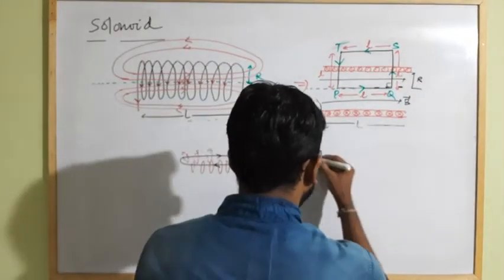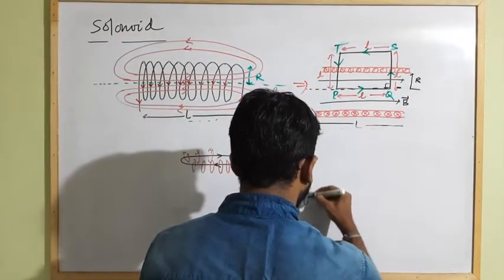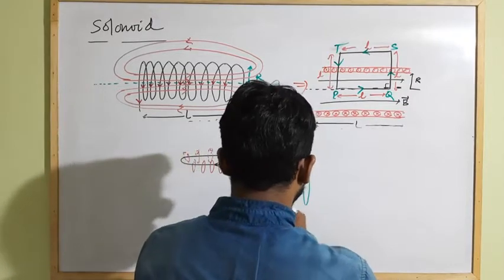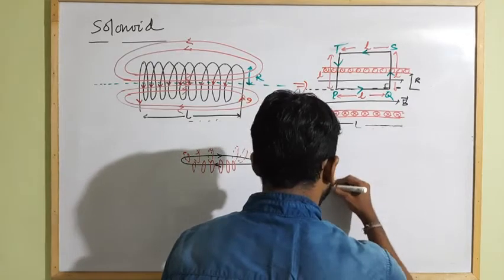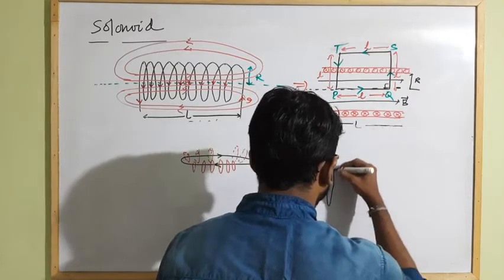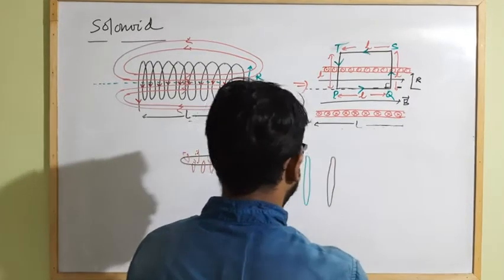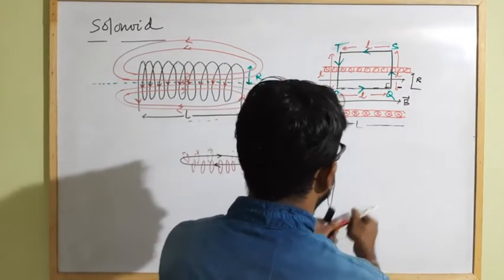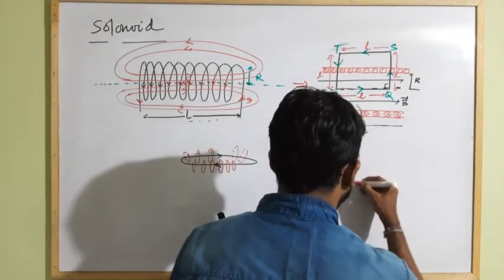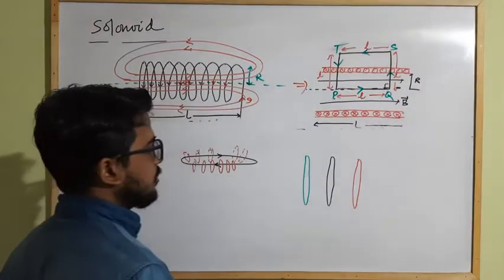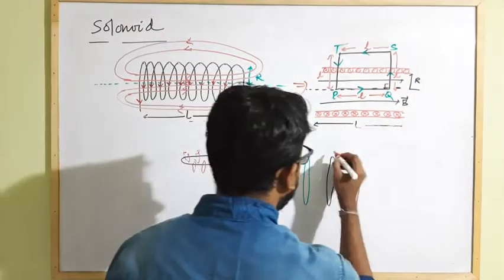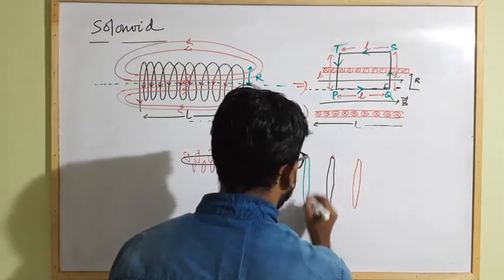Here is a ring, here is another ring, and here is another ring. These rings are very close to each other, but for understanding purpose I am drawing them a little apart from each other. These are 3 rings, and each ring carries current along this direction.